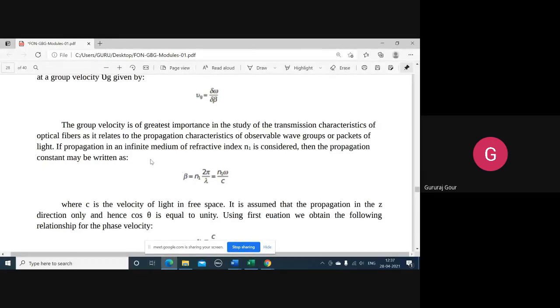If the propagation in an infinite medium of refractive index n1 is considered, you know what we mean by infinite medium: not having any boundary, not bounded. It has a single refractive index. In that context, the phase constant is redefined. We all know this formula: n1 omega by c, or n1 2 pi by lambda.